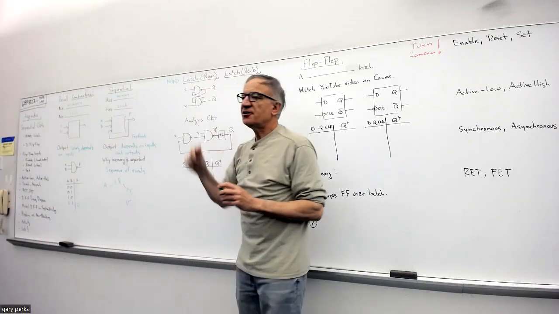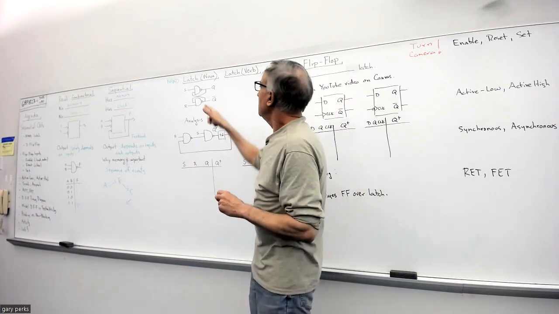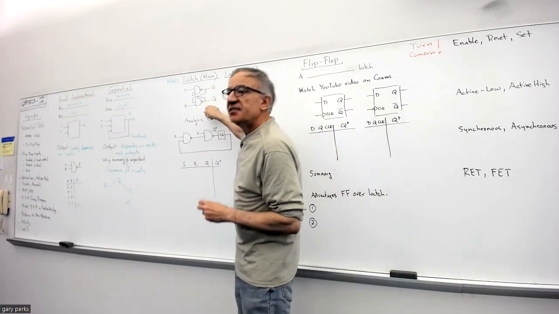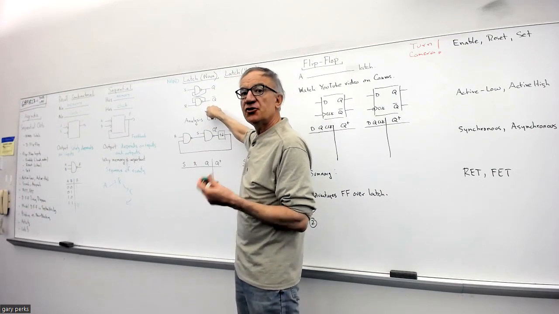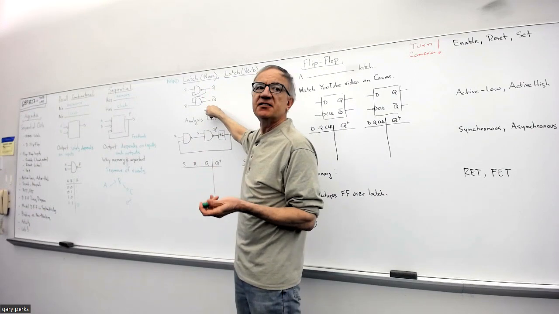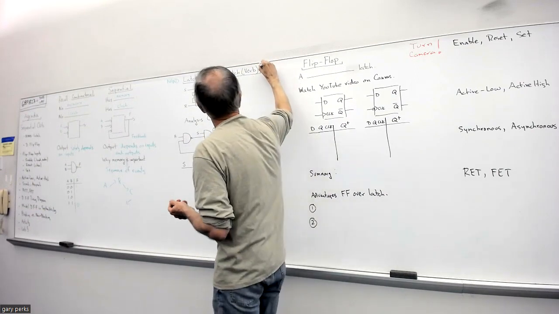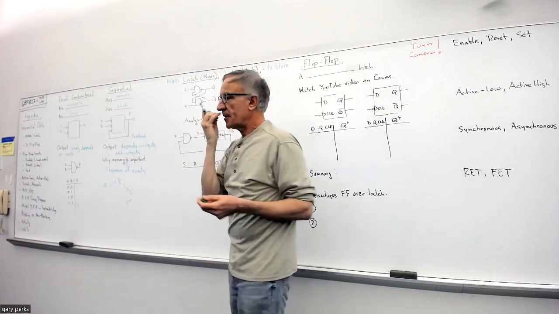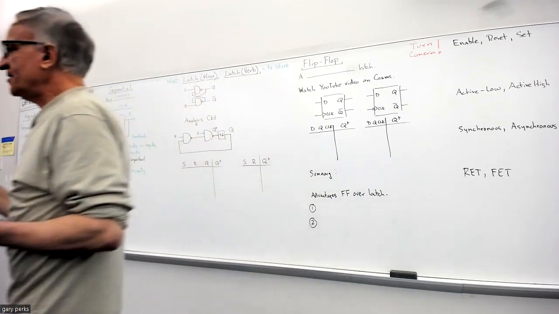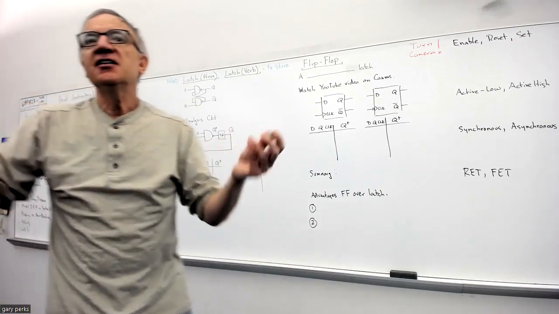Well, latch also has two meanings depending on whether it's a noun or a verb. As a noun, it means this circuit. This circuit, as we're going to see, can store a single bit. And latch as a verb means to store. If I say we're latching this data, it just means we're storing that data. The data being zeros and ones.